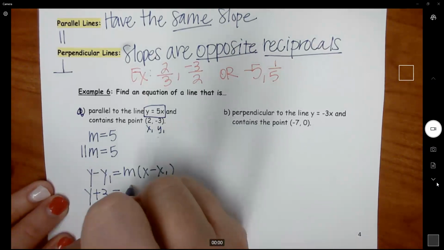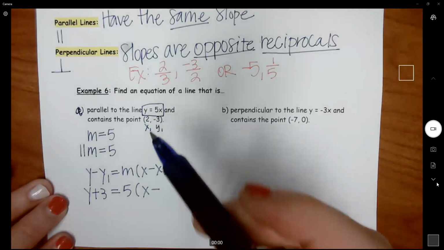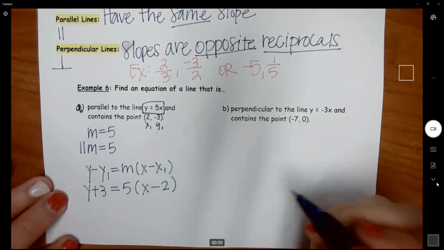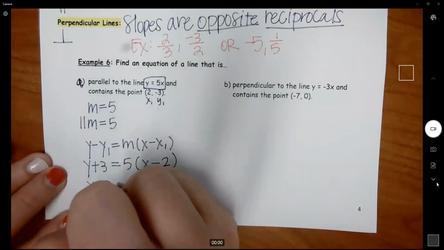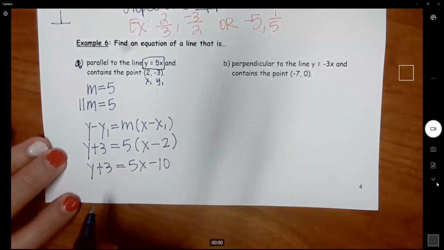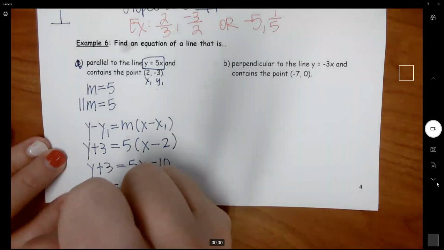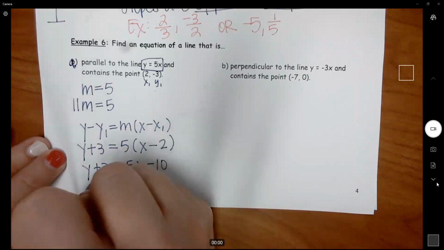My slope is 5. x minus x1, which is 2. So let's distribute our 5. We get 5x minus 10. And then subtract your 3 over. And we get y = 5x - 13.